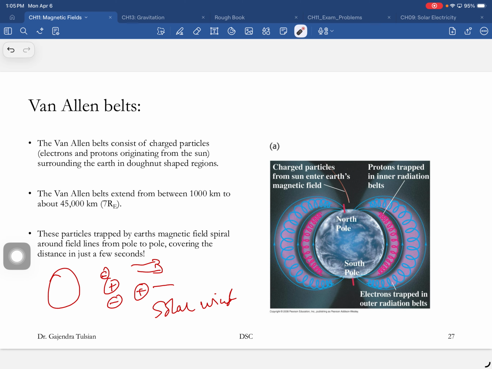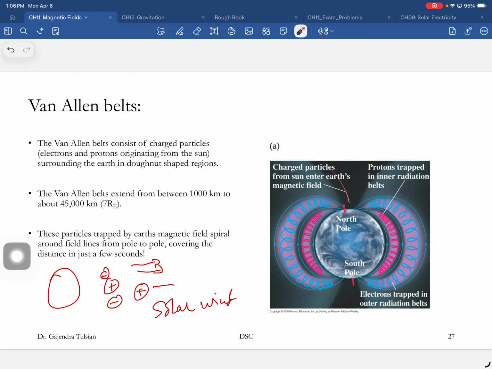We just saw that the Earth's magnetic field is like that, and as these particles come in, they get trapped in the Earth's magnetic field. If they have a velocity tangent to that, they'll spiral around the magnetic field lines and go around like that. When the field gets stronger, they reflect and bounce back. Field gets stronger, they reflect back. So these solar wind particles get trapped in the Earth's magnetic field, and they oscillate back and forth.